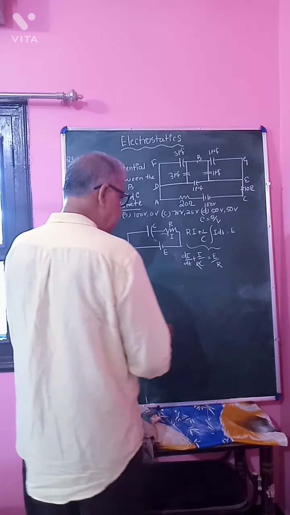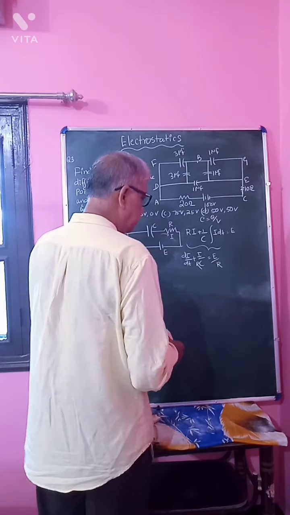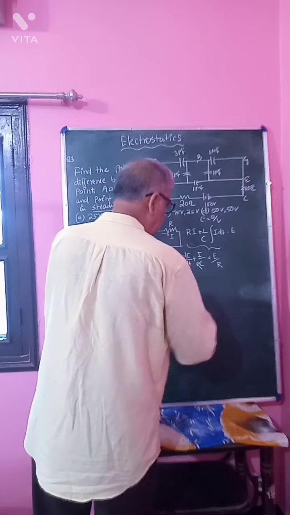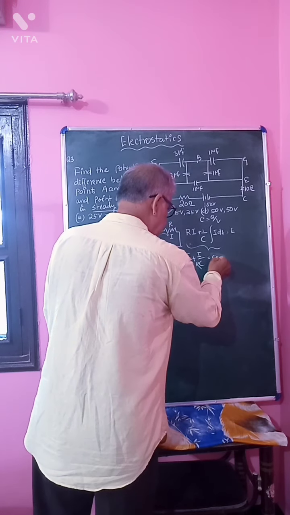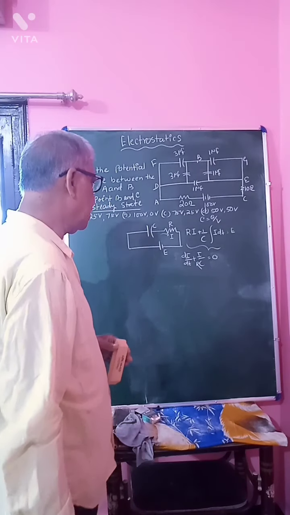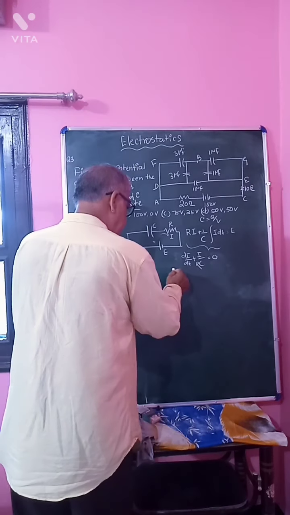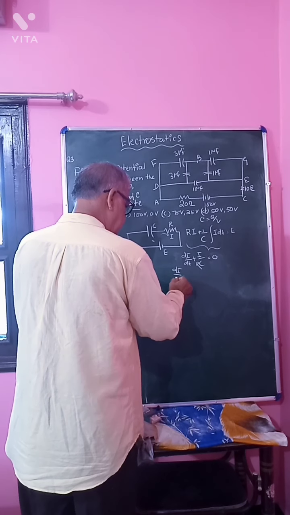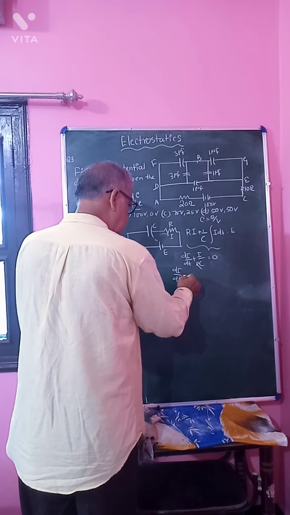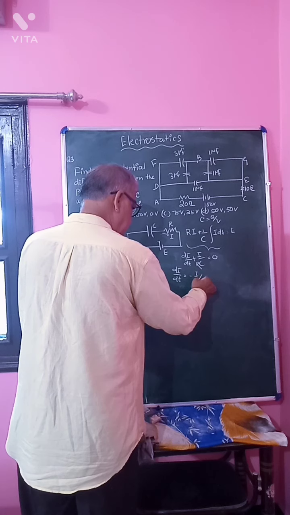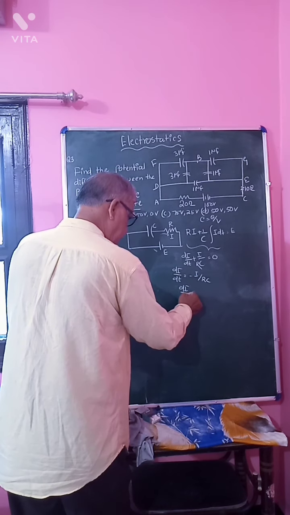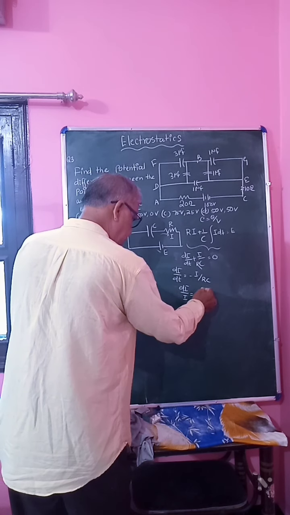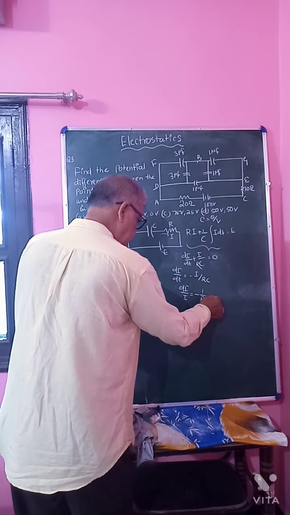Now, since E is a constant, the differential of E with time is 0. So this term is 0. Now, dI by dt equals minus I by RC, or dI by I equals minus 1 by RC into dt.